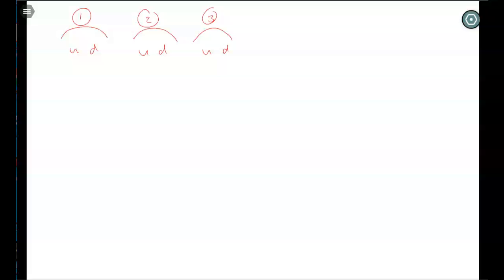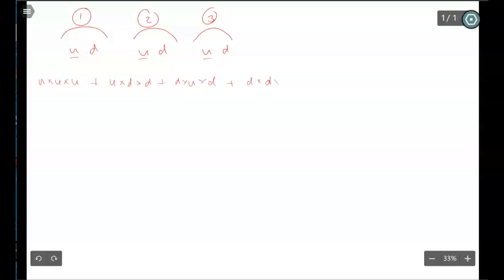So one of the most obvious ways is that they might all throw u, so I'm going to put u versus u versus u. Or they might throw u versus d versus d. Or they might throw d versus u versus d. Or they might throw d versus d versus u.